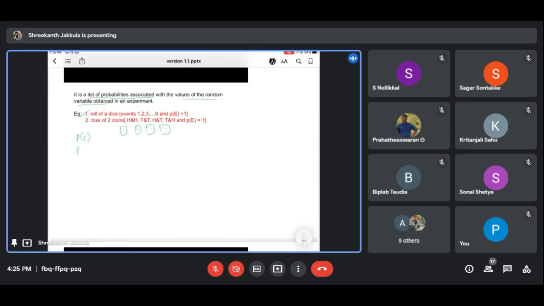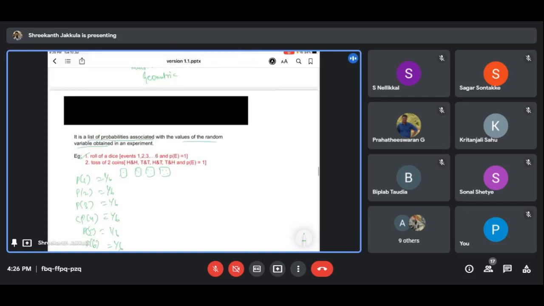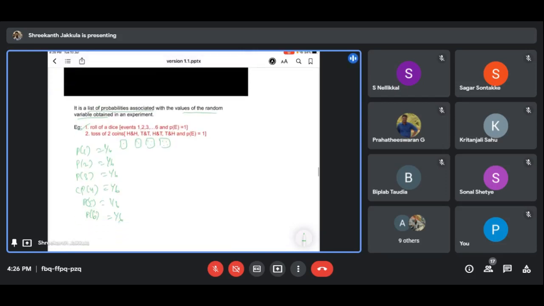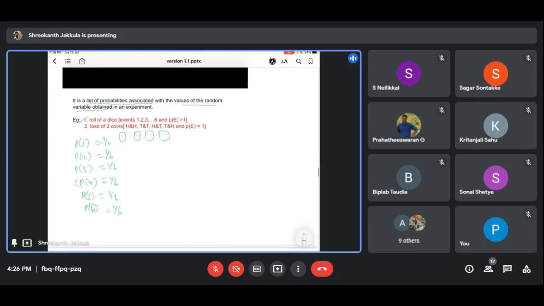If we consider it like this, the probability of each outcome will be only one time. In distribution, what else have we seen? It is the list of probabilities associated with the values of the random variable. So we have to compile everything, and if we add everything, it comes to 1.